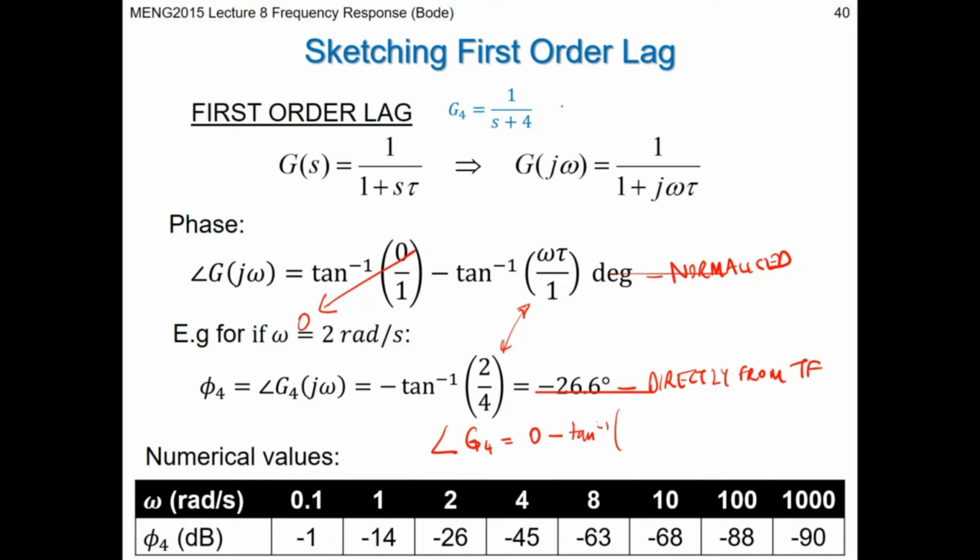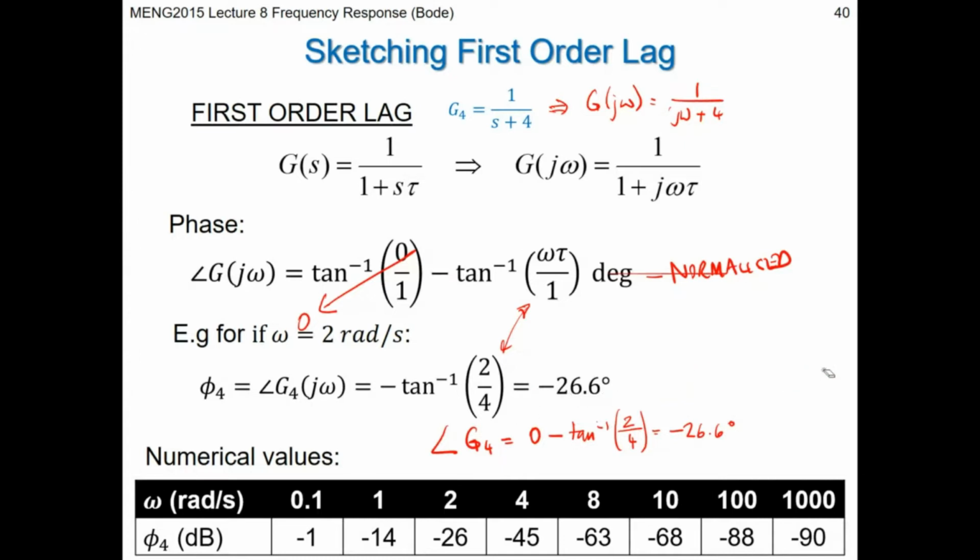Shouldn't that be a 1? Because this is 1 over j omega plus 4. Alright, yep, sorry. So we're saying our omega is 2, so therefore our imaginary part is 2. So imaginary is 2, real is 4. Okay. So that's where we get our minus 26.6 degrees.